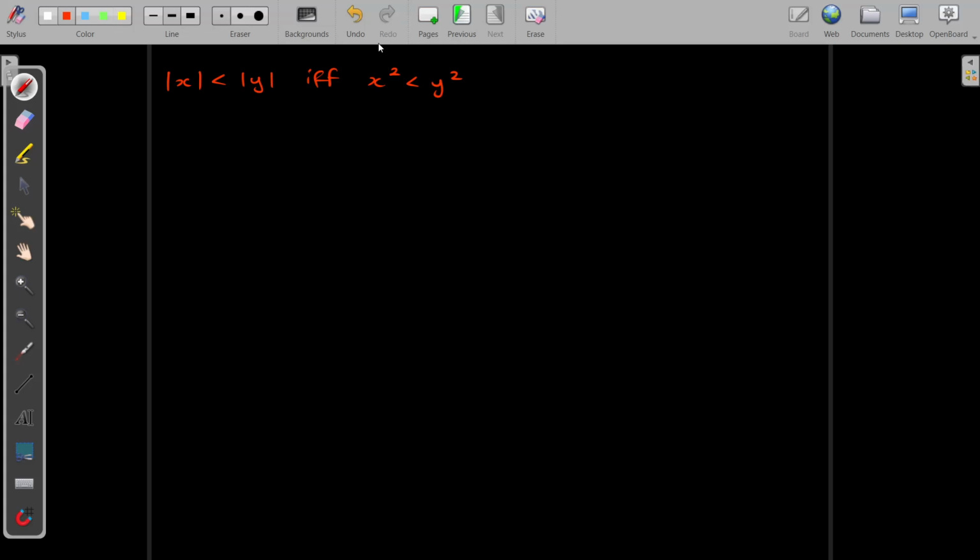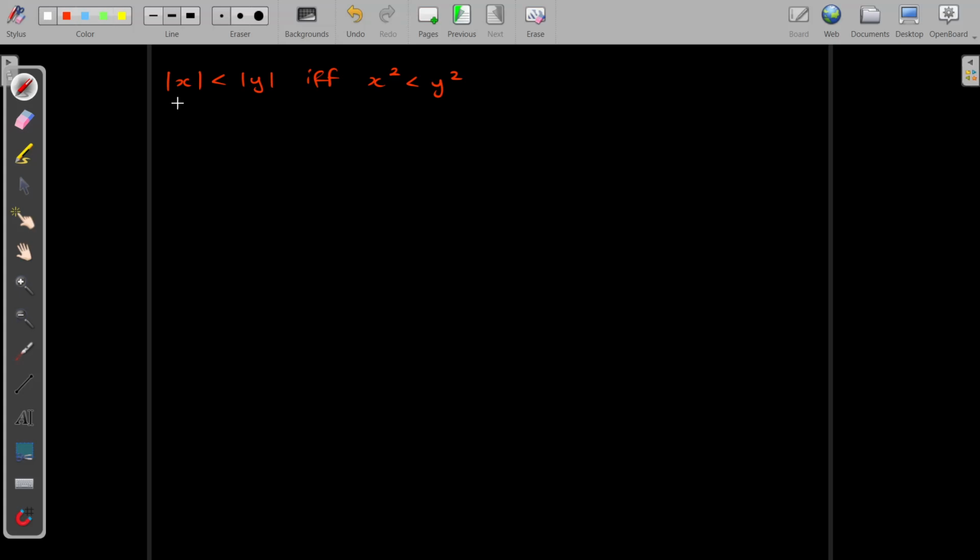So if x squared is less than y squared, then the modulus of x must be less than the modulus of y. That's just one of the inequality theorems as it relates to modulus.